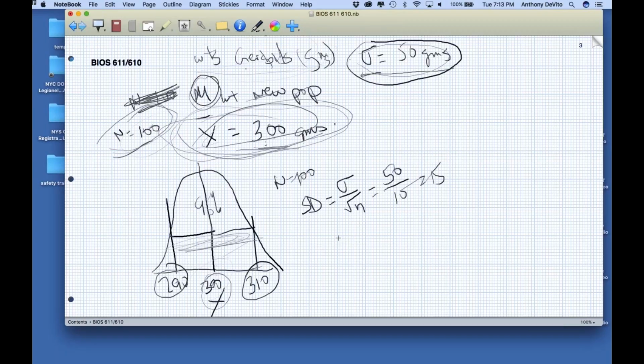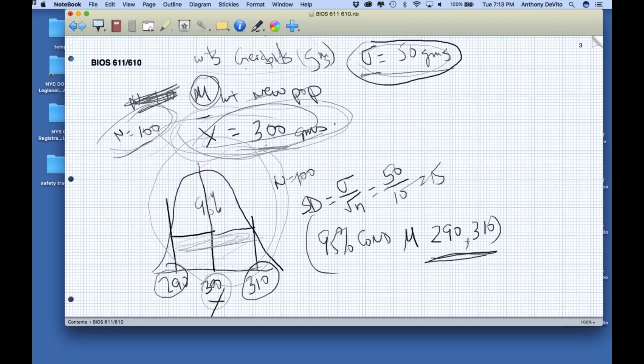Let me say instead that I'm 95% confident that the true mean, mu, is between 290 and 310, right? So I can use what I understand about the way populations are distributed to quantify how likely it is that I really know the population mean. So I could say 95% of the time, my true population mean is between 290 and 310.